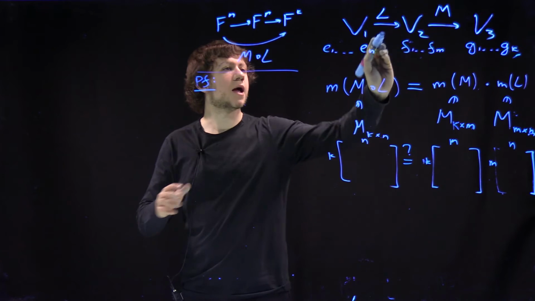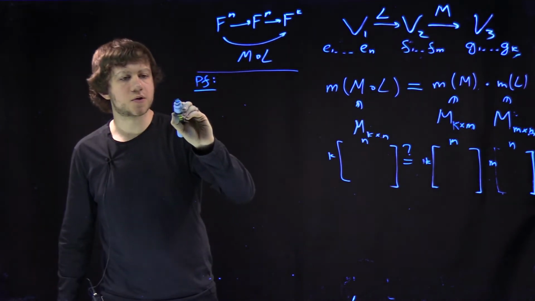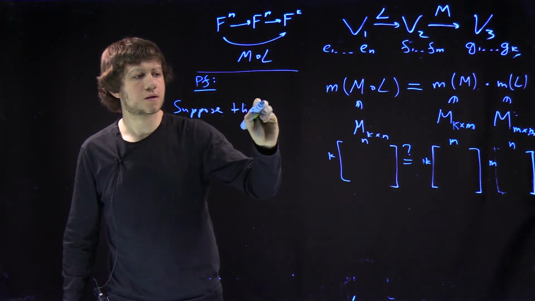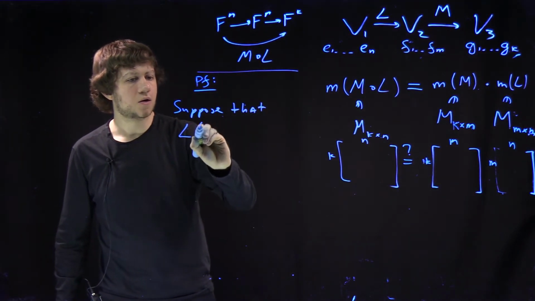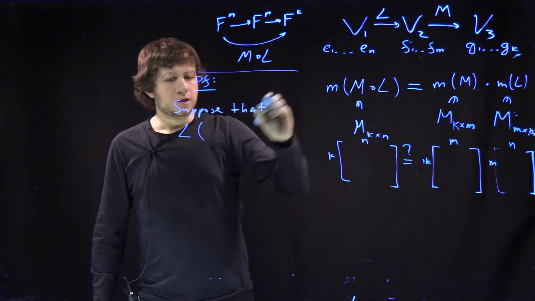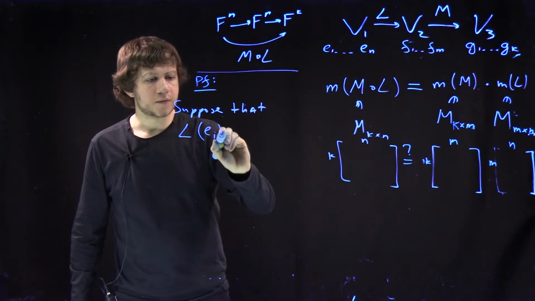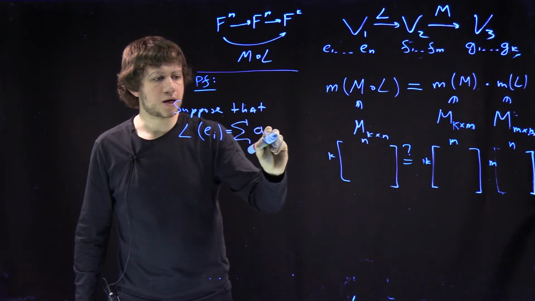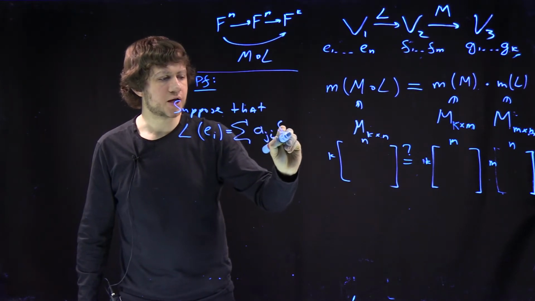So let's suppose that L of EI equals sum AJI FJ.